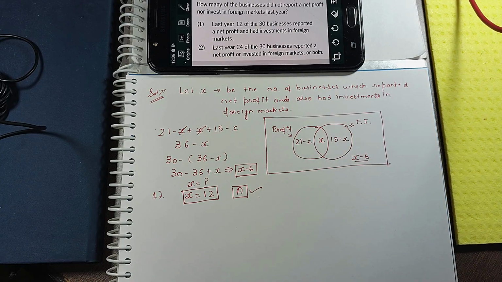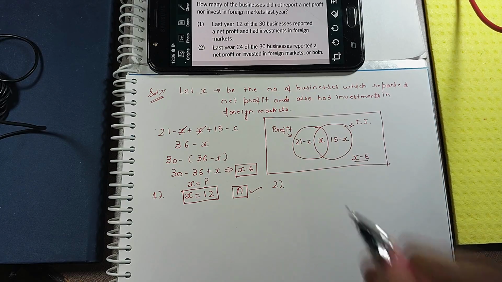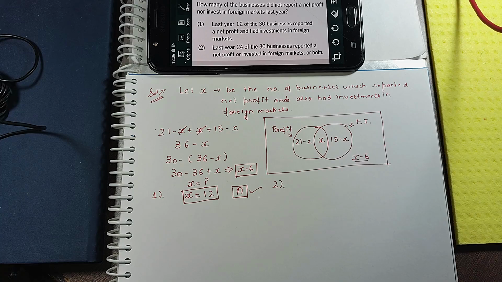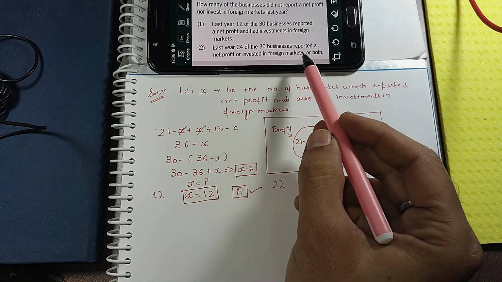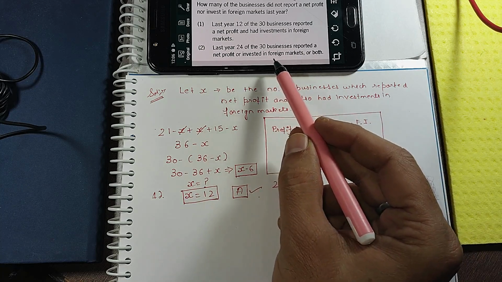Now moving to statement 2. Statement 2 tells me last year 24 of the 30 businesses reported a net profit or invested in foreign markets or both. So what does that mean? This means that this 24 reported a net profit or investment in foreign markets or both.